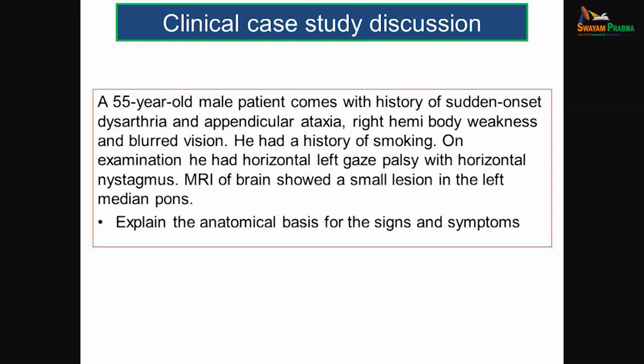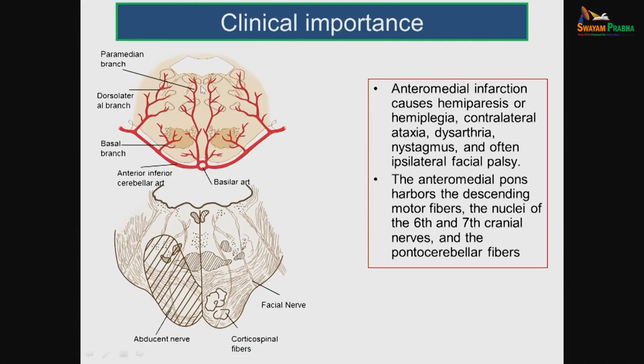Okay, so what is the other importance of this is the anteromedial infarction. Okay, you can see there is anteromedial infarction. This causes hemiparesis, okay, or we call it hemiplegia. Okay, and contralateral ataxia, because the cerebellopontine fibers go to the opposite cerebellum.